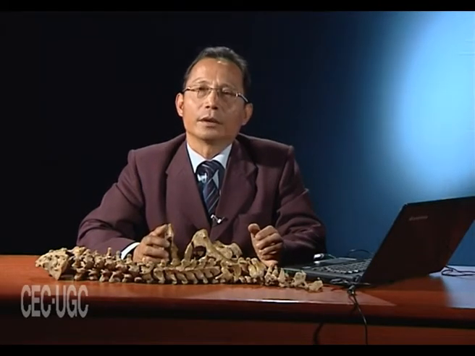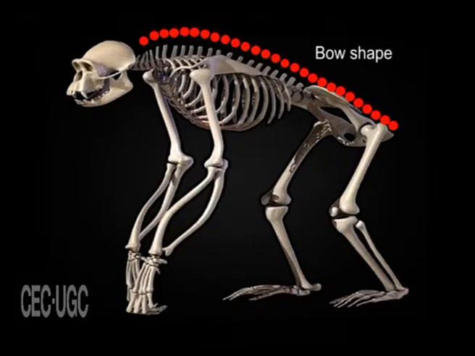So the vertebral column of apes and monkeys, structurally they are bow-shaped, because while they walk semi-erect.